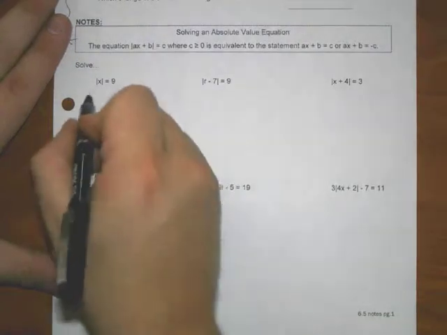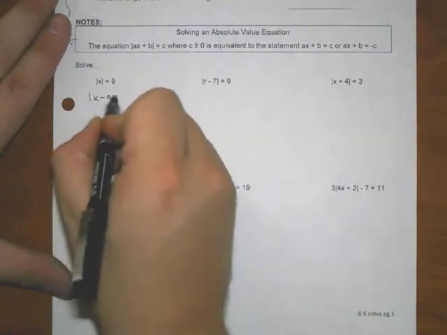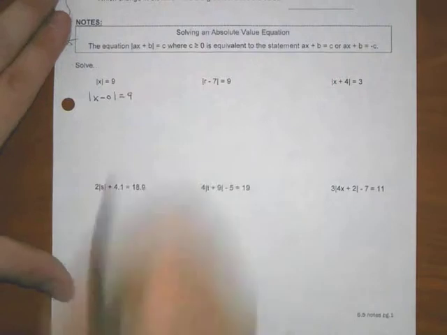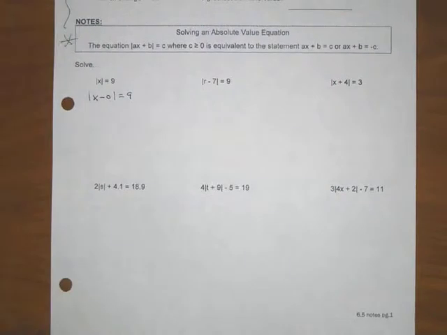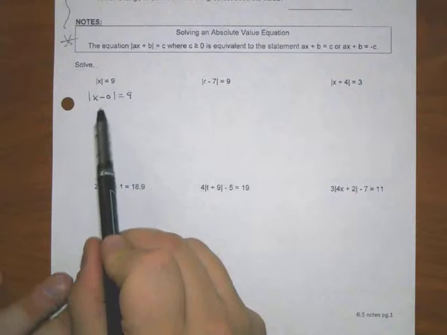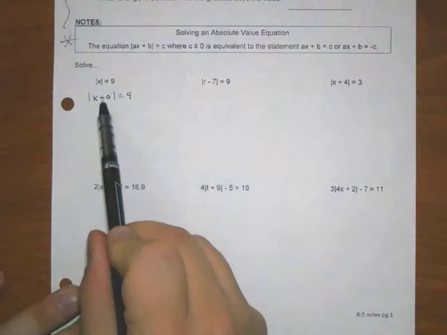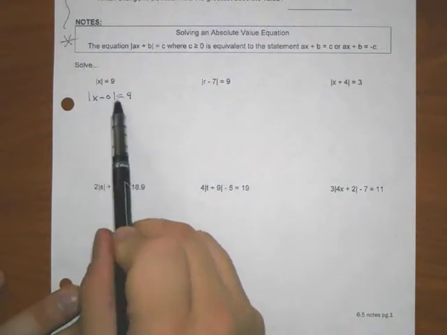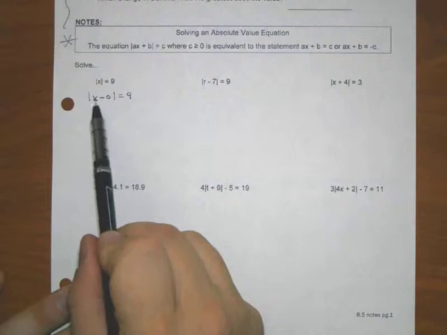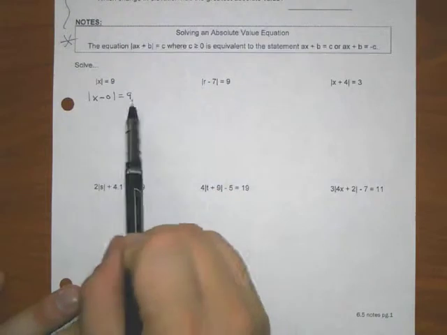If there's nothing to subtract, then we're presented with a 0. And we can interpret this as some number minus 0, or the distance between some unknown number and 0 is 9.